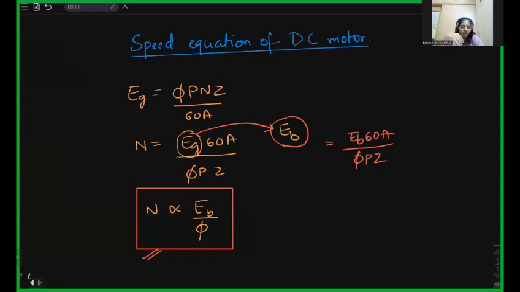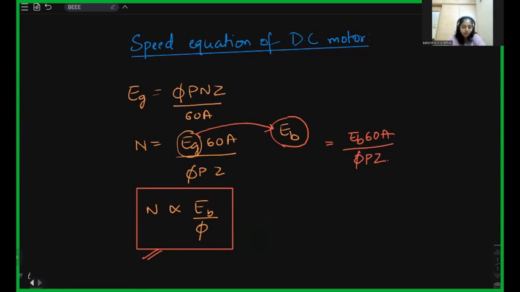Take a fan: you don't want constant speed every time it is switched on, you need to change its speed depending on whether it's hot or cold. So we need to change the speed of a DC motor depending on the situation, and see what basic phenomena we can control so that the speed is controlled.